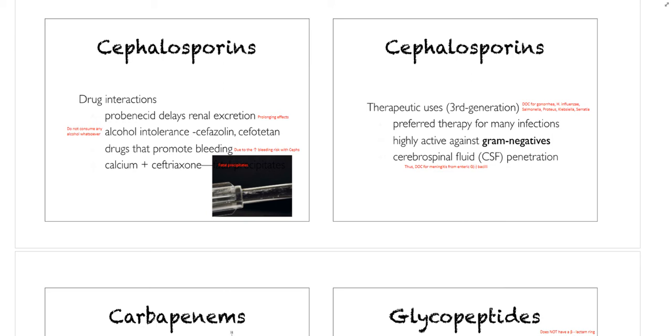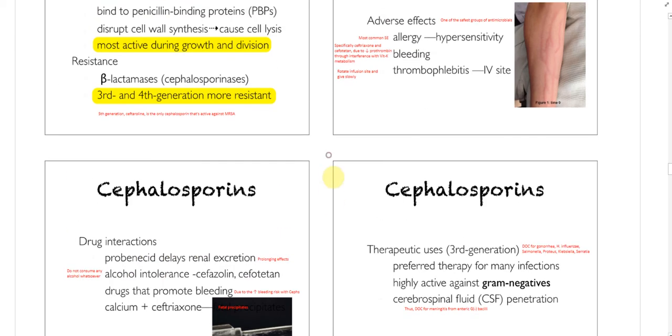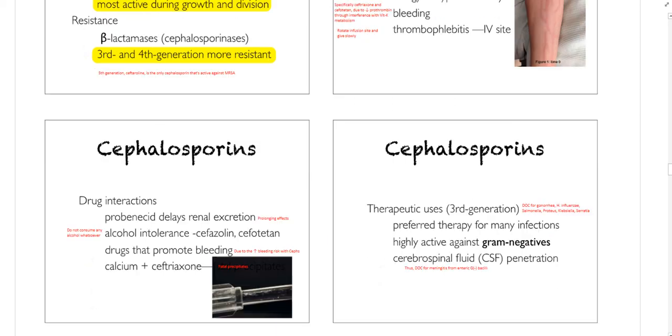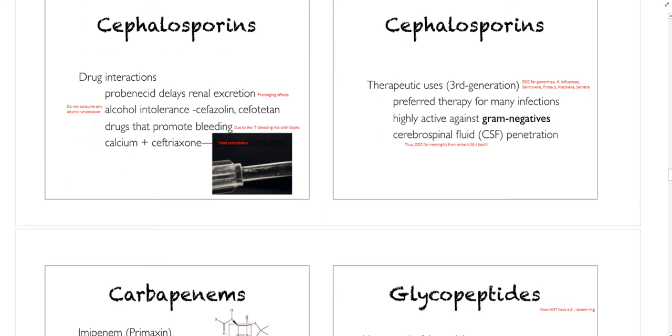That might extend through all cephalosporins, but I think mostly it's ceftriaxone and ceftazidime per the book. And then mixing calcium and ceftriaxone can cause fatal precipitates, which are what these guys here are. These little white stringy guys are the precipitates that form within this IV tubing and can cause clots and damage throughout the vascular system.